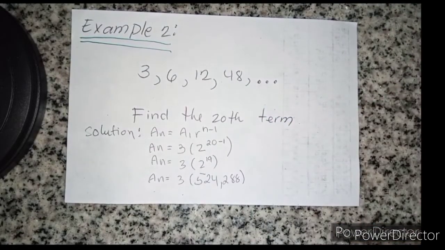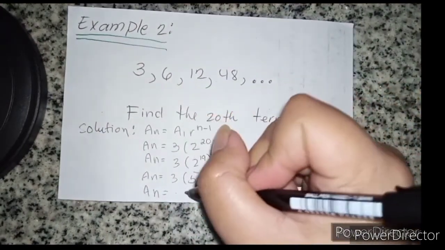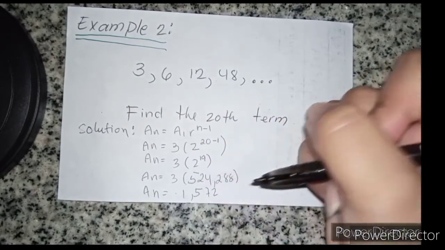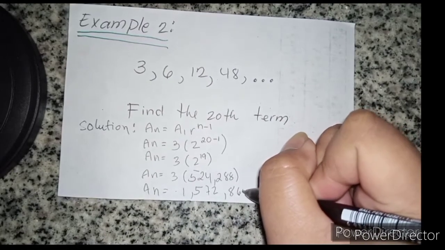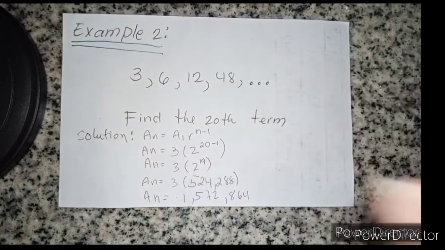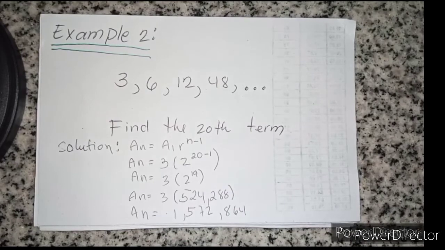Multiply it by 3. So the answer is 1,572,864. So this is our 20th term. Did you follow?